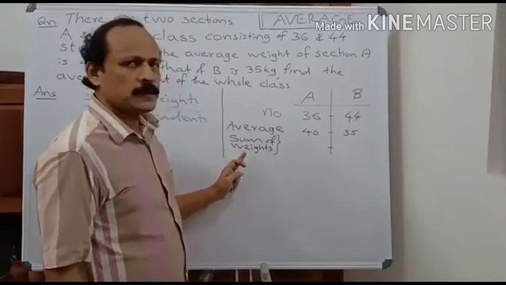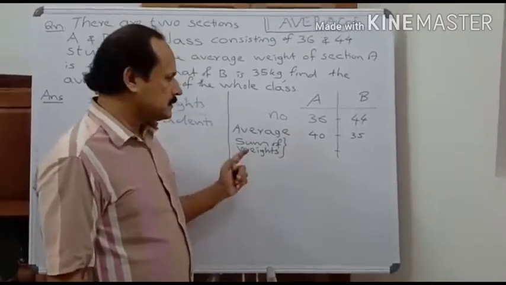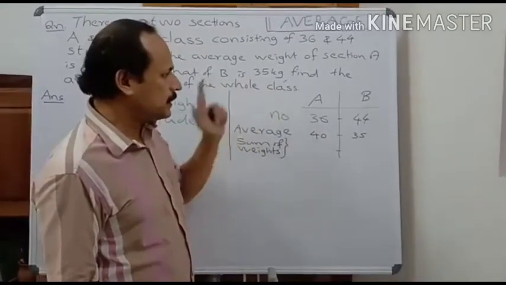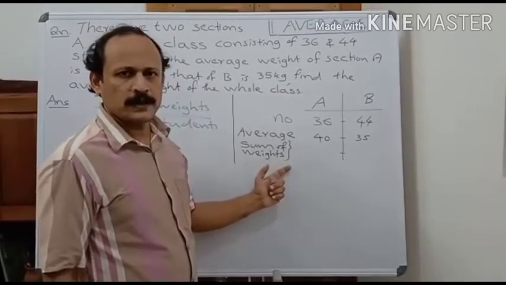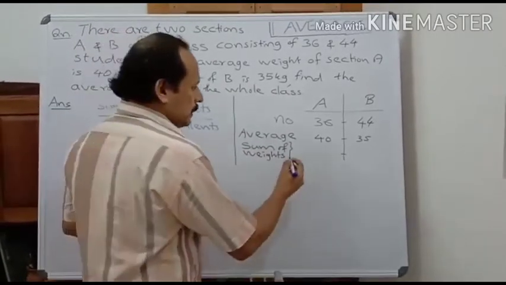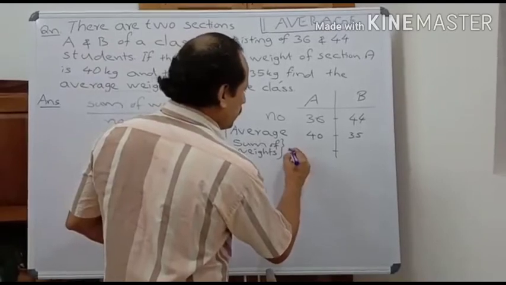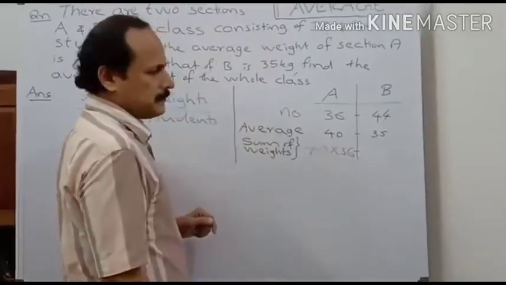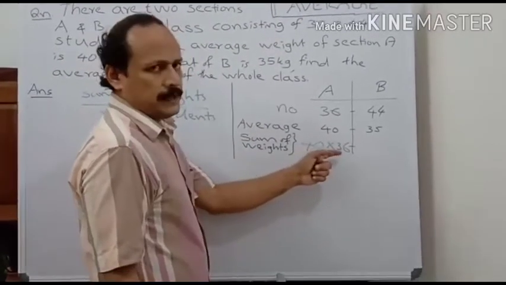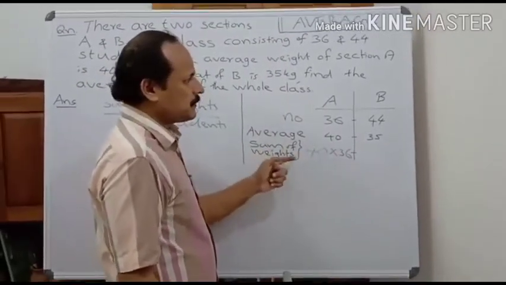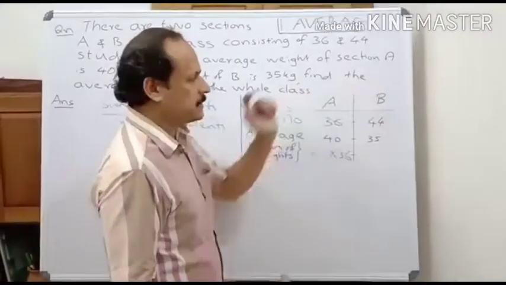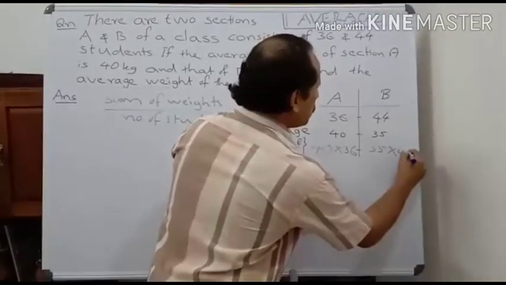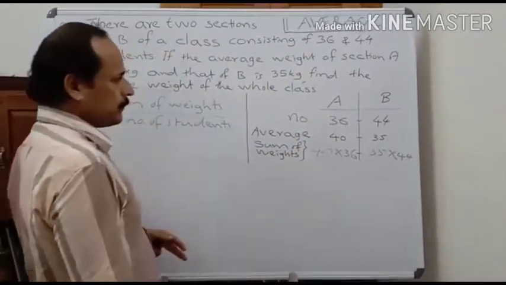From that you find out the sum of weights using the average and the number of the group. We can easily find out the sum of weights. It is 40 into 36, and similarly the sum of weights of members of section B is 35 into 44.